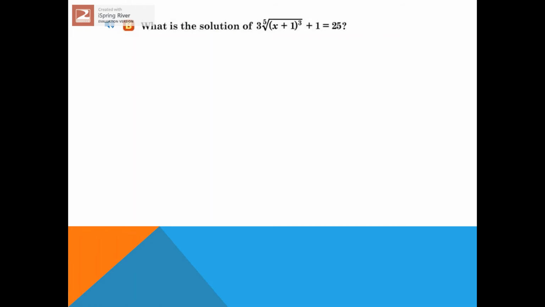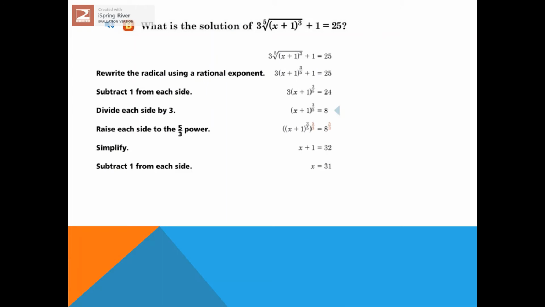Part B. What is the solution of 3 times the fifth root of (x plus 1) raised to 3, plus 1, is equal to 25? The first step is, we need to rewrite the radical using a rational exponent. So we have 3 times, since we have the fifth root of (x plus 1) raised to 3, we can rewrite this as 3 over 5.